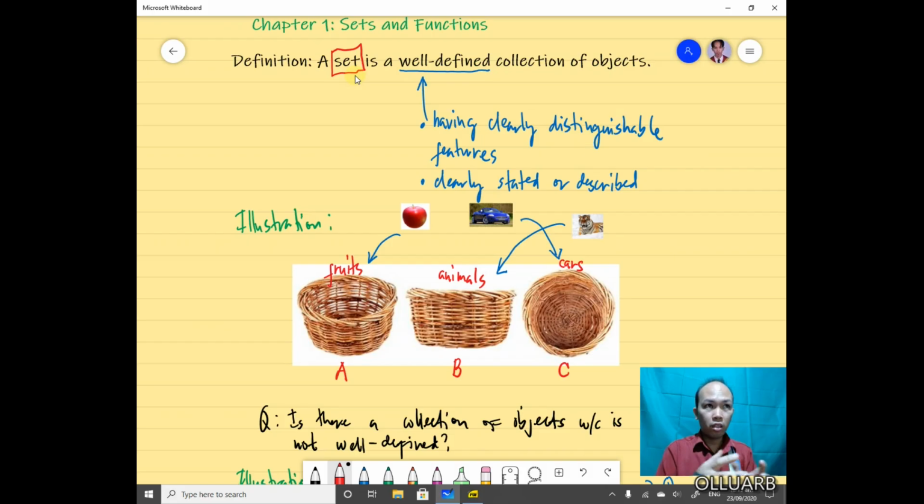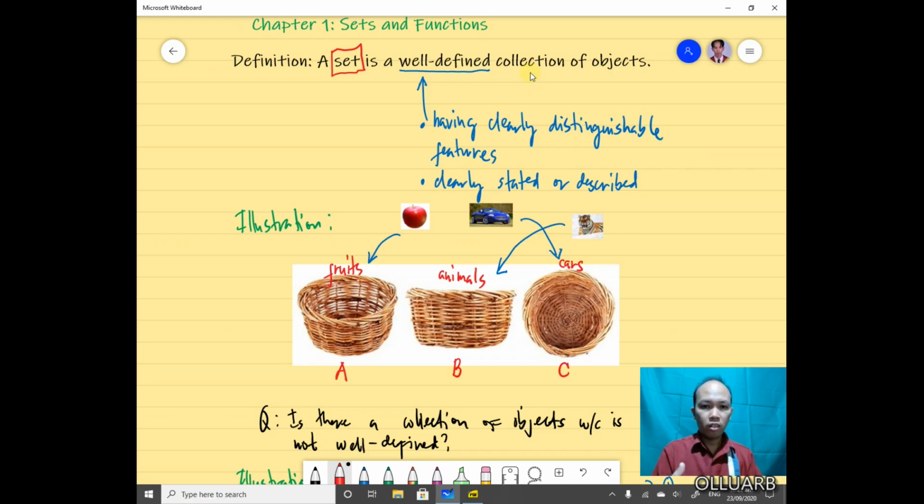So the word well defined is a word here that is joined to the word collection, or the phrase collection of objects. This is a very important word that will help us identify that the given collection is really a set.